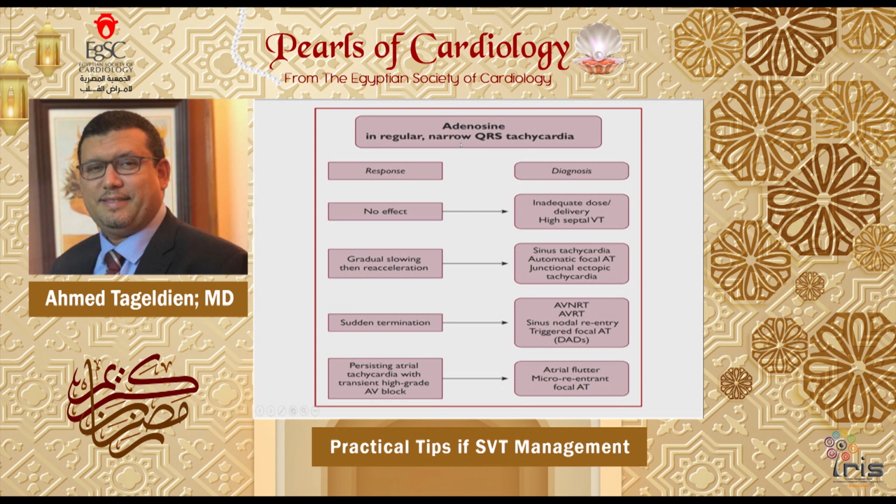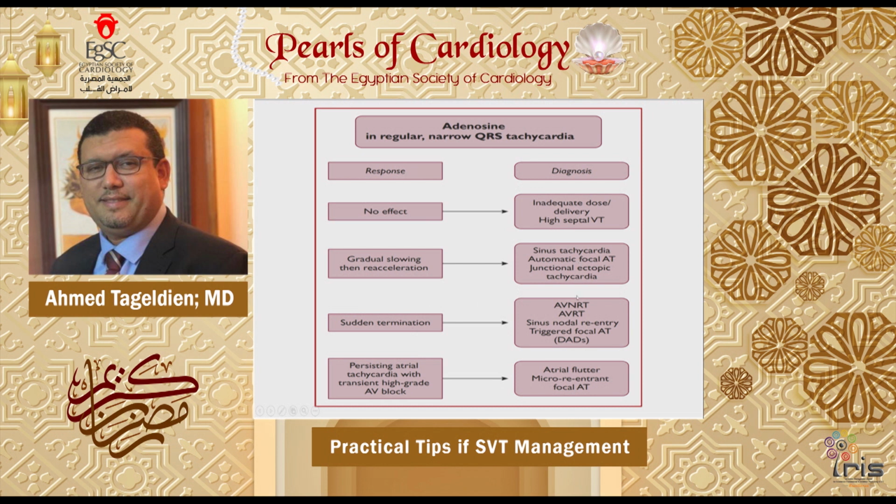This is the effect of adenosine on supraventricular tachycardia. Sometimes there is no effect, so possibly it could be high septal VT or inadequate dose. Sometimes there is gradual slowing, then reacceleration, like in sinus tachycardia and automatic focal atrial tachycardia.